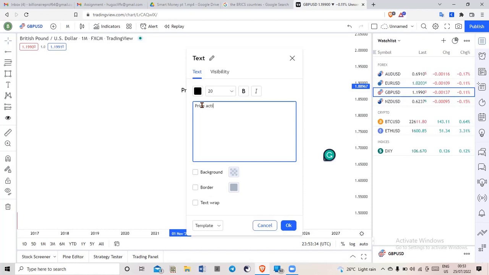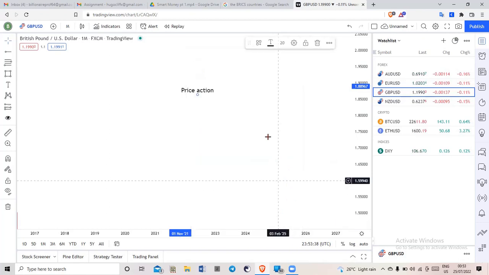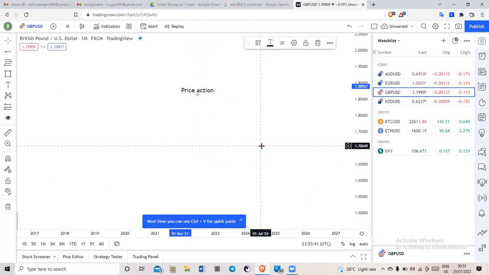Price action is simply how price moves. Price takes action. It's the way price moves when individuals, or the players in the market, act.